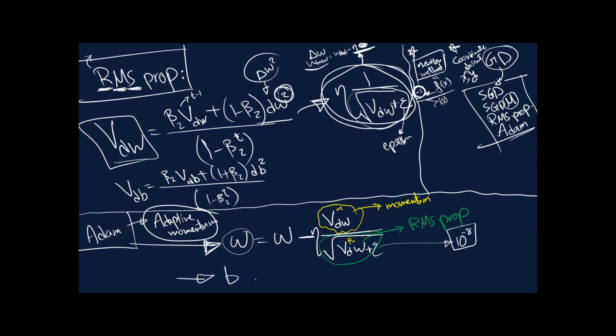So for the bias, we'd have B minus eta VdB over the square root of VdB. Again, that's for momentum, and that's for RMSprop, and here we put our epsilon.